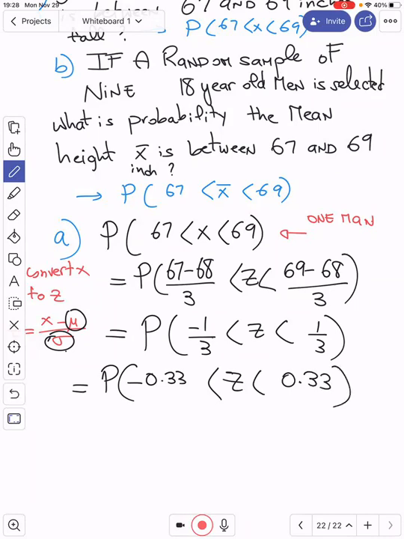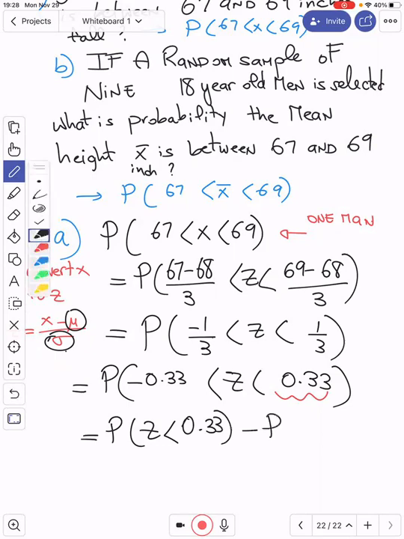So with Z between two numbers, it's the probability that Z is less than the second number, the area to the left of 0.33, minus the area to the left of negative 0.33.